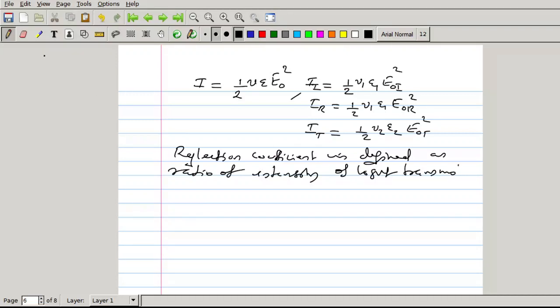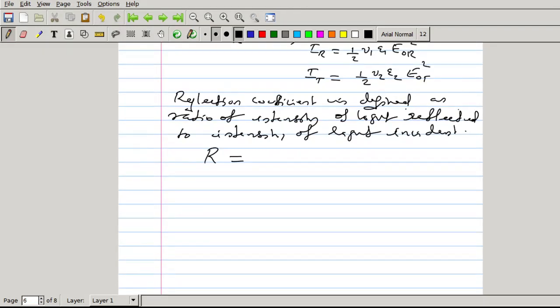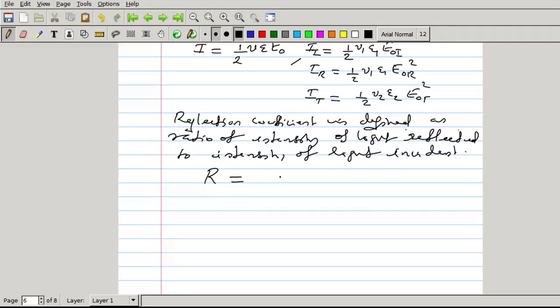Intensity of light means electromagnetic wave. So the reflection coefficient, which I will represent by capital R, equals the intensity of reflected light by the intensity of incident light.